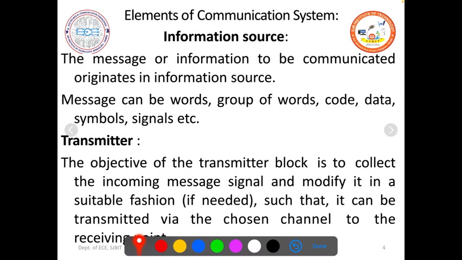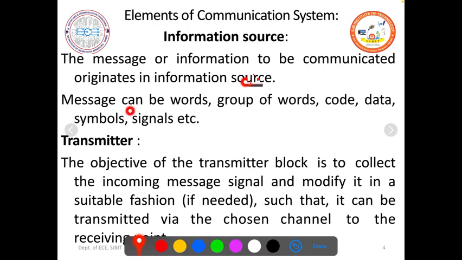The first block is the information source. The message or information to be communicated originates in the information source. I am speaking, I am telling something. That is the information.